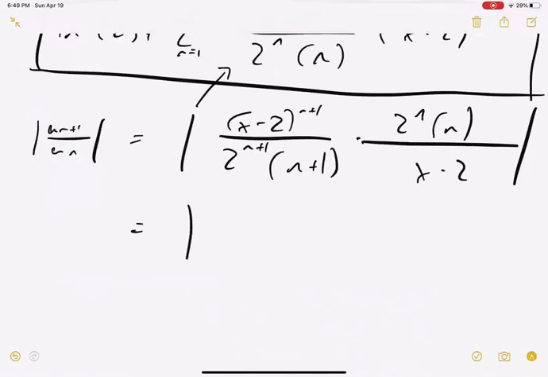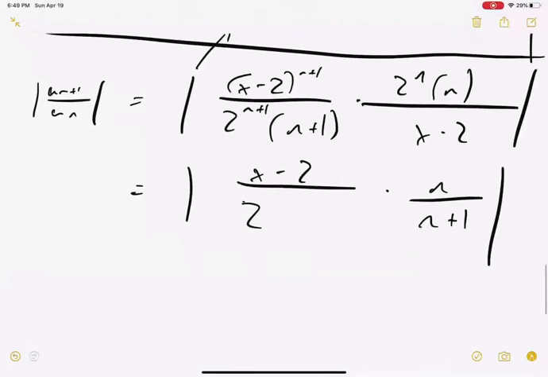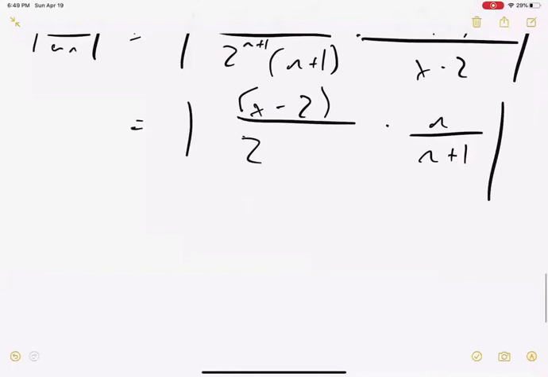Simplifying that, grouping similar terms, I should get x minus 2 over 2 times n over n plus 1, and I want that limit to be less than 1, right?